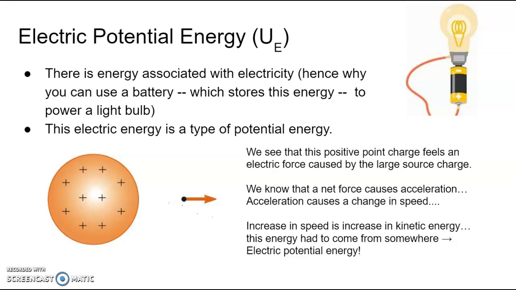Another way we can see evidence of electric potential energy: looking at this image on the bottom left, we've got a giant sphere with excess positive charge. The dot to the right with the arrow on it represents a test charge experiencing the electric field created by these source charges.